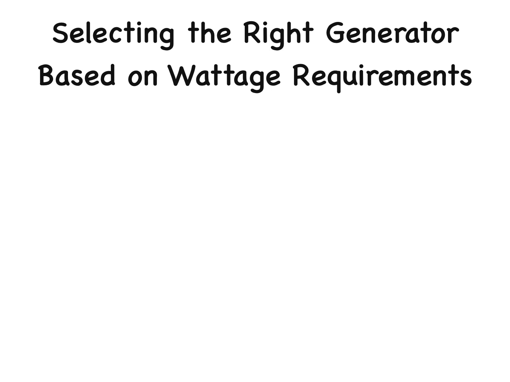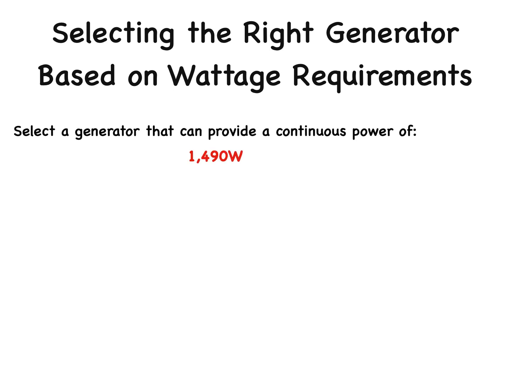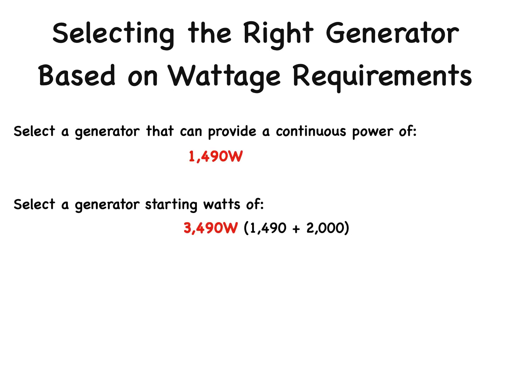To run these appliances, you should select a generator that can provide a continuous power of at least 1,490 watts and a starting watts of at least 3,490 watts. This is how you can select the best generators for your home use.